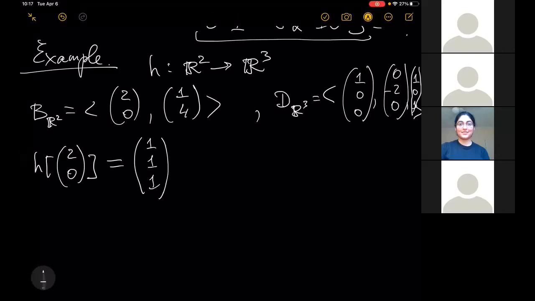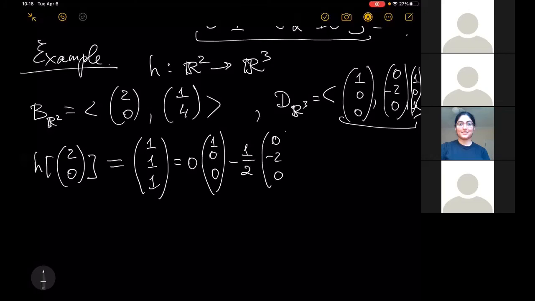So how can I express it? With respect to this basis, I can express it as 0 times (1, 0, 0), minus 1/2 of (0, -2, 0), plus 1 times (0, 1, 1), like that, right?